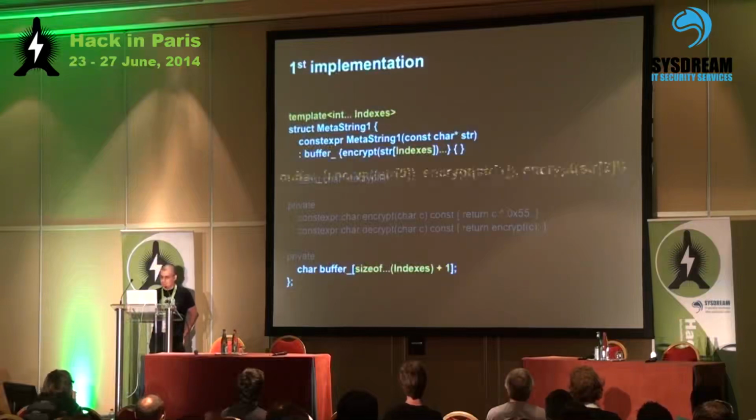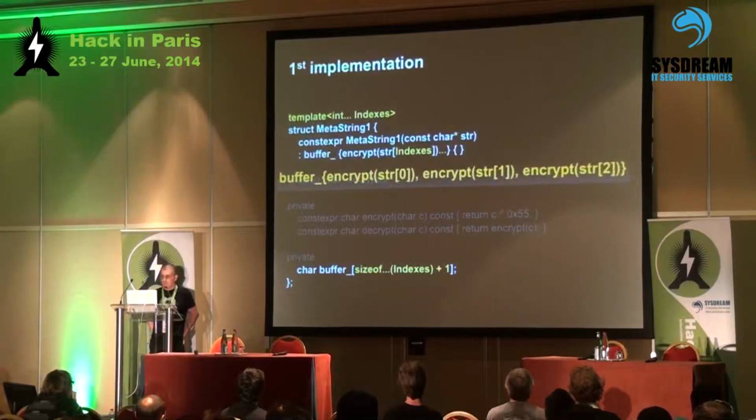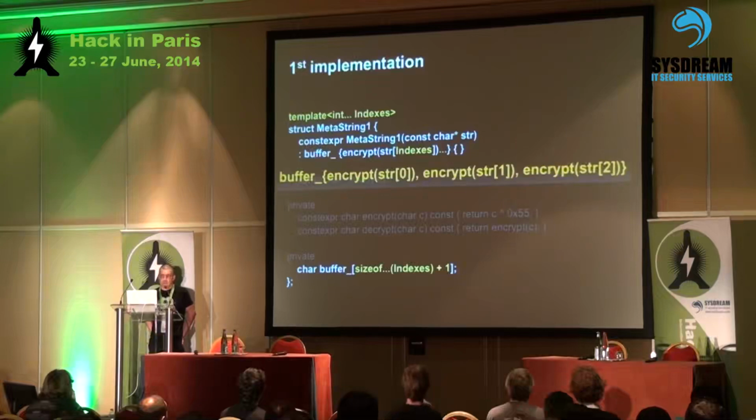If I take an example, if I have 3 characters, what I need is to extract the character at position 0, then at position 1, and for each case, I have to call encrypt. And I don't know in advance the length of my string. It has to work with any string, any length.